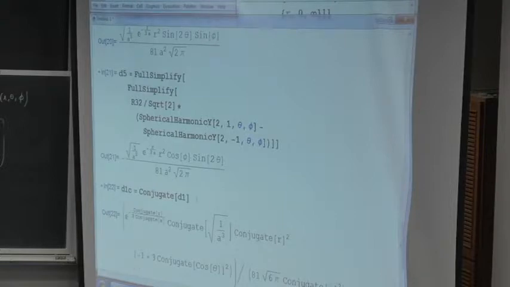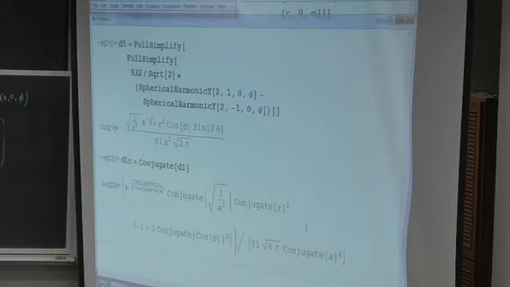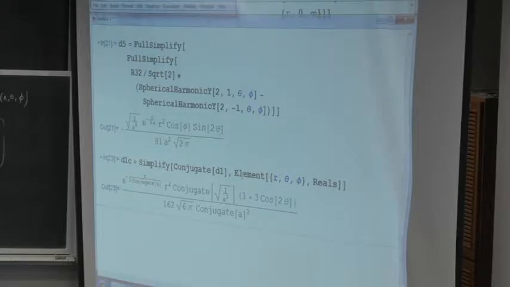But the problem is that Mathematica doesn't know whether r, theta and phi are real or not. So I would like to simplify this a little bit. I would like to tell Mathematica that these are real numbers. r is real, theta is real, and phi. All of them are real. And a is also real, the Bohr radius.